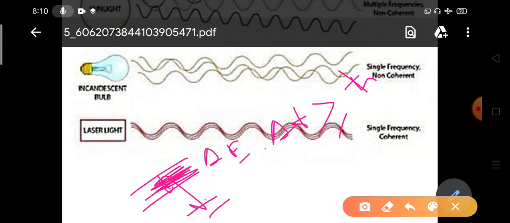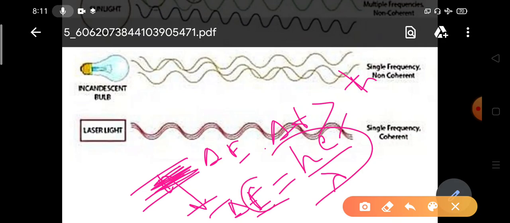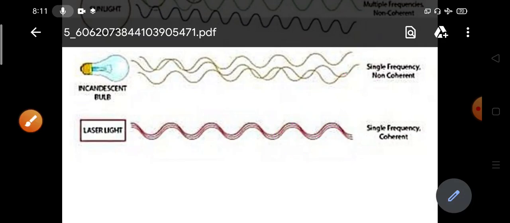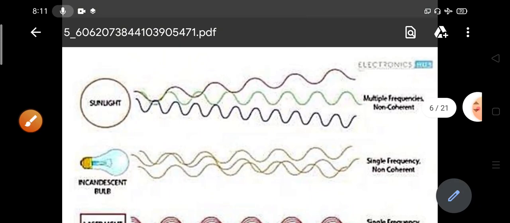So the transitions are not defined from a single energy level. How can you expect that this delta E, which is giving us the light, or delta E equals hc by lambda, if this is uncertain, so lambda must be uncertain. So there will be some inherent uncertainty.